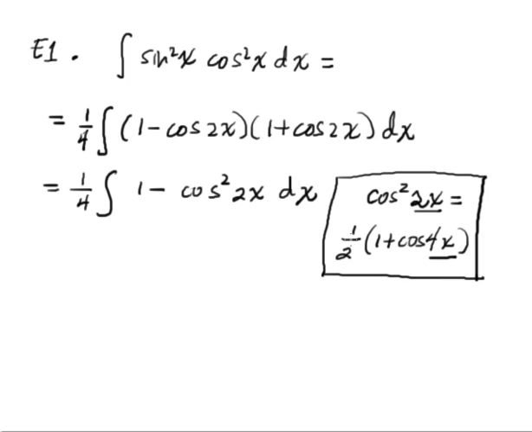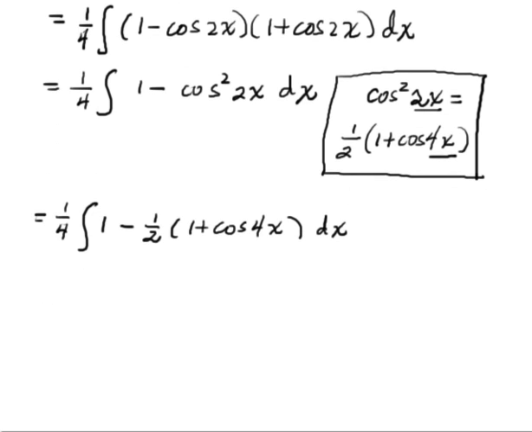Now let's do this substitution. So we have 1/4 the integral of 1 minus 1/2 (1 plus cos 4x) dx. Let's simplify that a little bit.